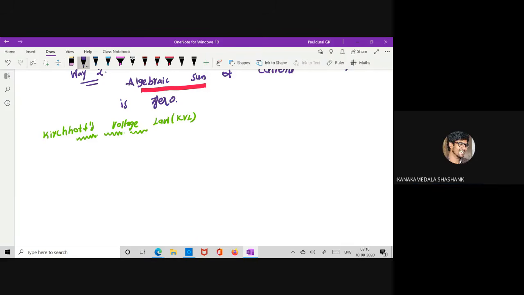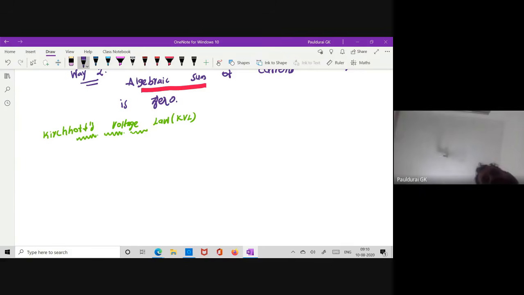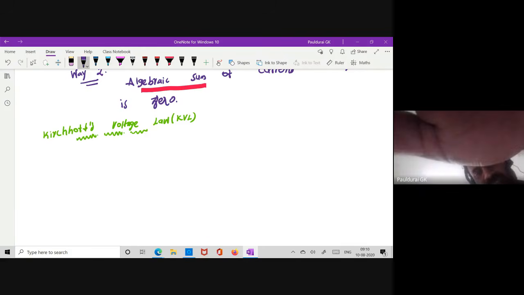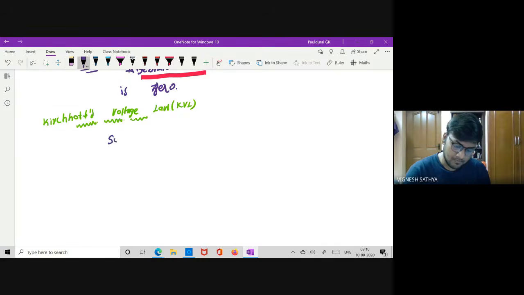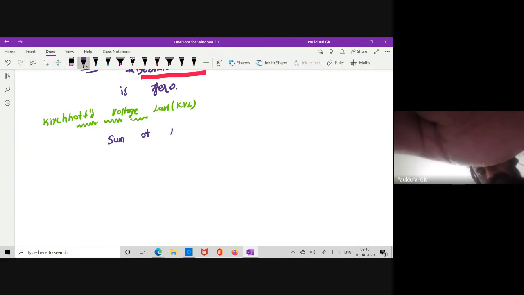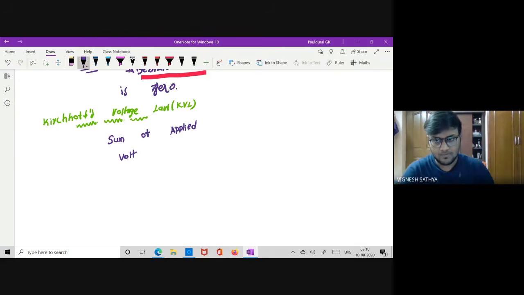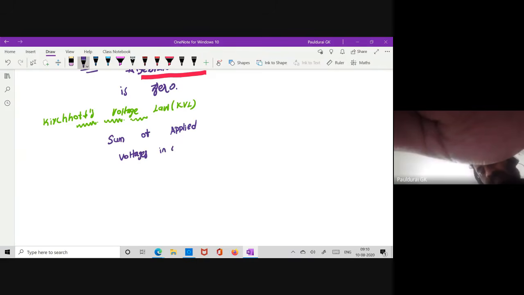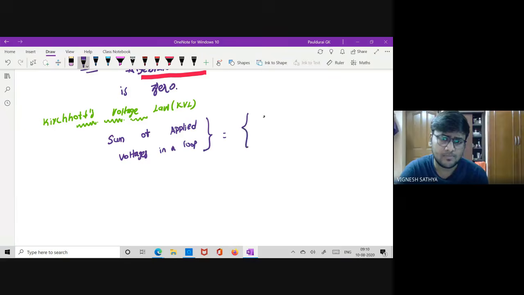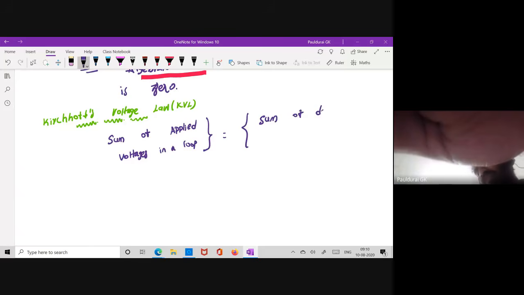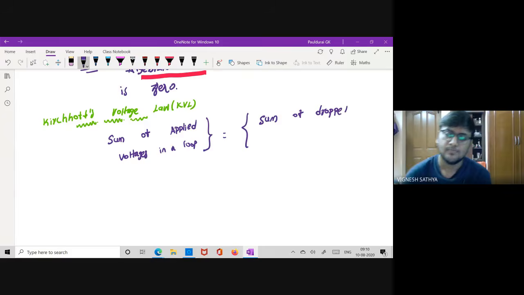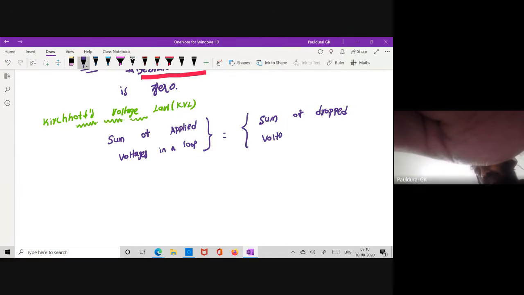At a loop, whereas KCL was defined at a node. So the sum of applied voltages in a loop is equal to the sum of dropped voltages in that loop.